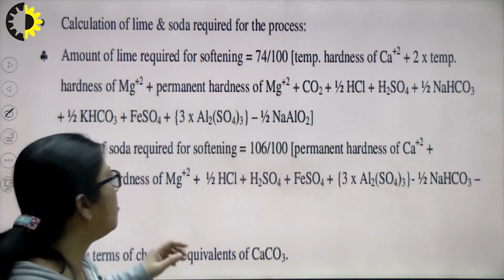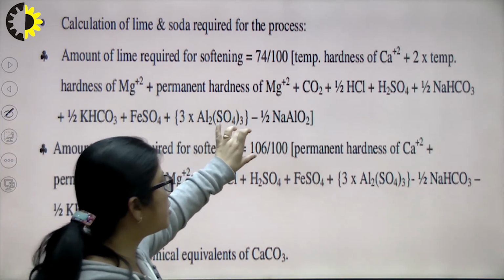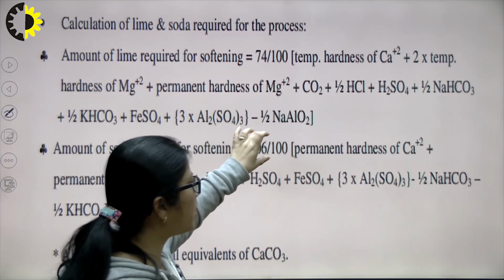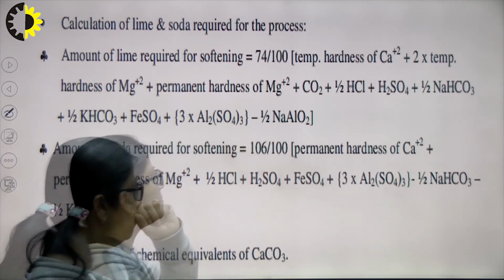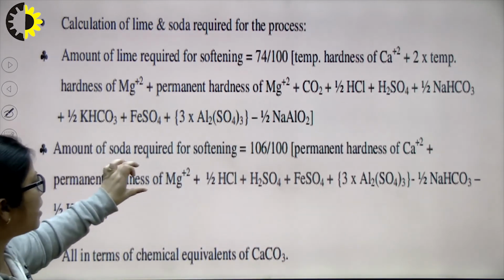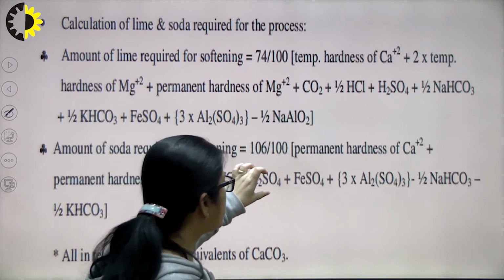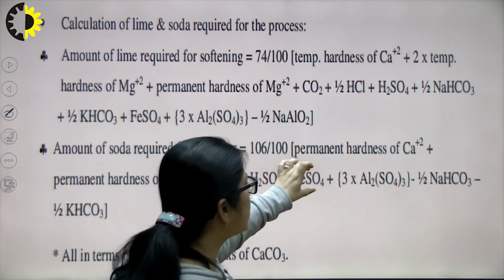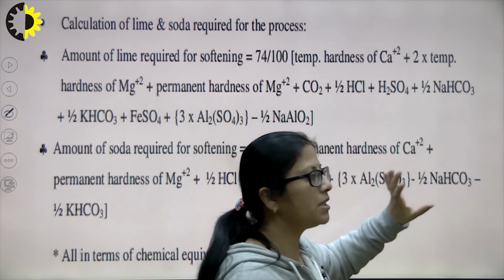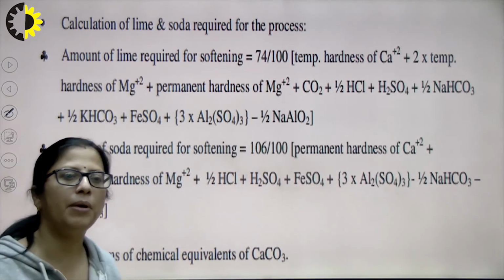Similarly, the amount of soda required for the softening, since the molecular weight of soda is 106, is 106 by 100 times: permanent hardness of calcium plus permanent hardness of magnesium plus half HCl plus H2SO4 plus ferrous sulfate, then 3 aluminum sulfate, minus sodium bicarbonate, minus half potassium bicarbonate.